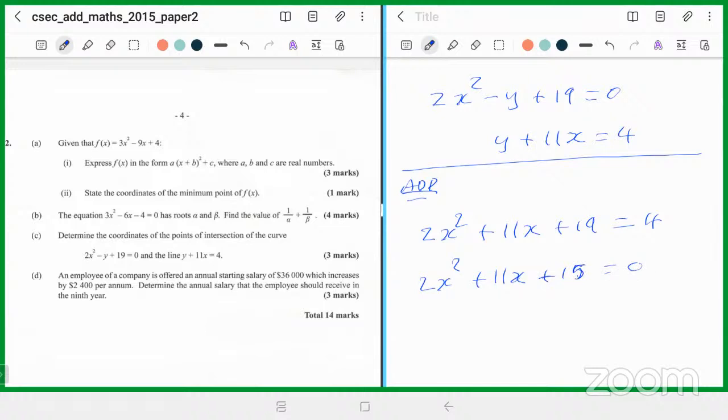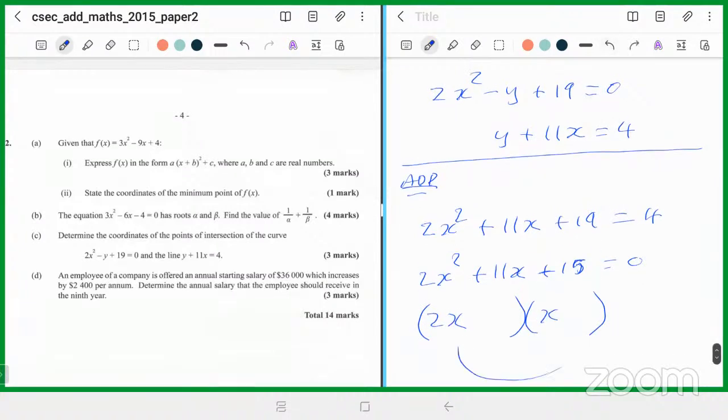This can be factorized easily because everything is positive, and this is a prime factor. So we know already that we're going to get 2x and x. Then we need factors of the 15 such that the sum of the far product and the near product is 11. All right, we want 11. So looks like I'm going to put 3 here and 5 here because this time that is 6, this time that is 5. 6 and 5 is 11.